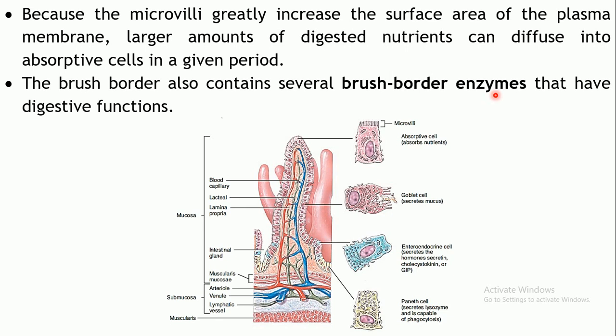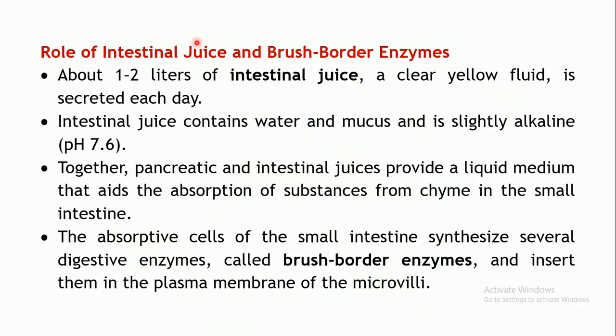Not only the absorption, the brush border also contains several brush border enzymes, which have a digestive function. Now coming to the role of the intestinal juice and the brush border enzymes.